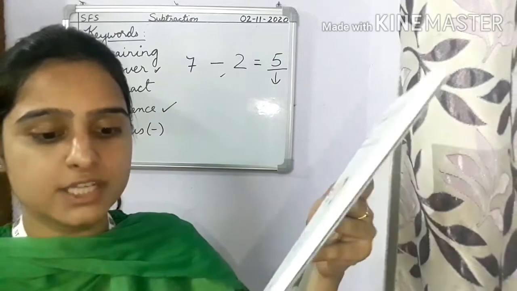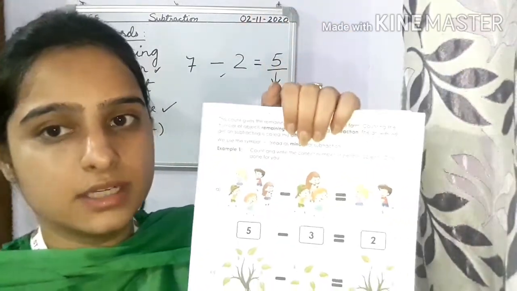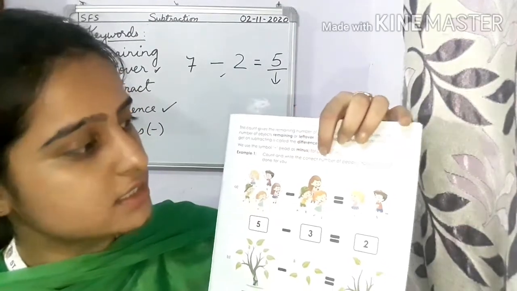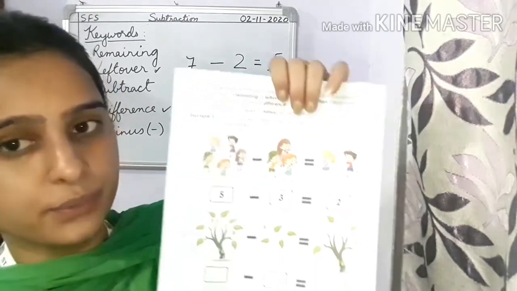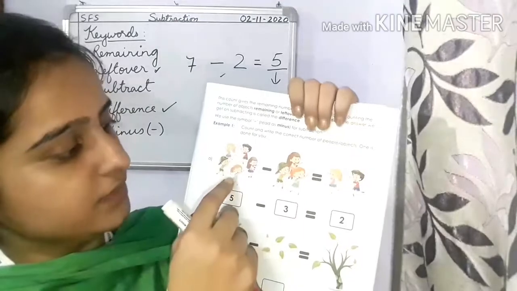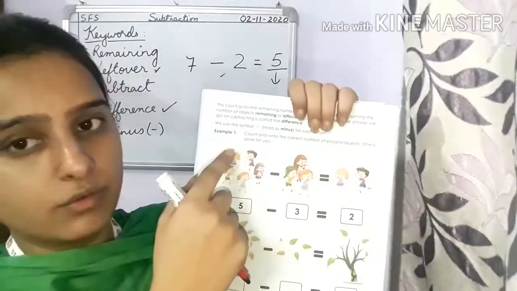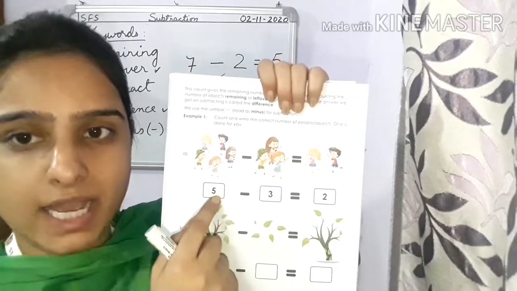Take out page number 3. Example 1. Now it is written here. Count and write the correct number of people or objects. One is done for you. The first one, count how many children are here. 1, 2, 3, 4, 5. So in this box it is written 5.